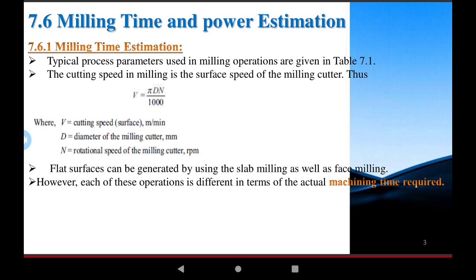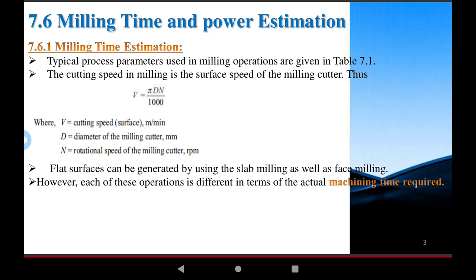Okay, this is the most important formula. We use the value of the diameter of the cutting tool, the milling cutter, and find out the milling cutting speed. Some problems give one or two values, and we find the third value using this formula.